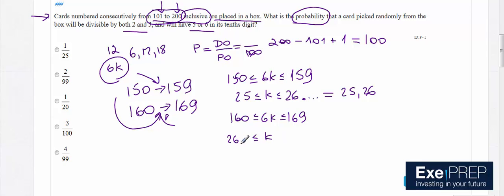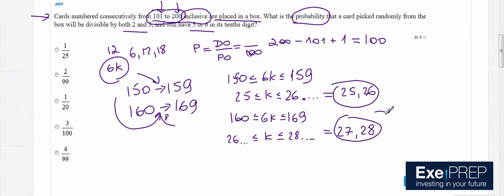You can use your school multiplication methods to calculate that. And smaller than or equal to 28 point something. Okay, so this leads us to a conclusion that k in this range can be either 27 or 28, right? And these are, by the way, our DOs. Okay, this is what we desire. We want two numbers in this range, two numbers in this range. So in total, we want any of these four numbers. 2 plus 2 is 4. Okay, and this is our DO.